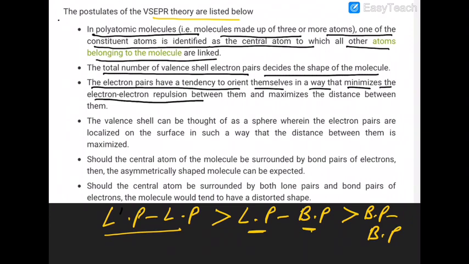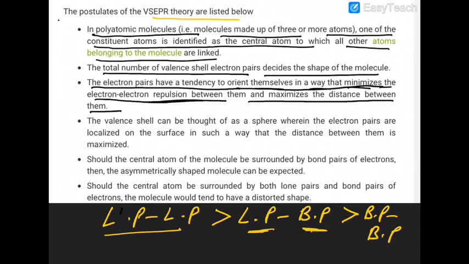Repulsion between two lone pairs is maximum, and repulsion between two bond pairs is minimum, while lone pair bond pair repulsion is in between. So the electron pairs orient themselves so that repulsion between them is minimum and the distance between them is maximum.